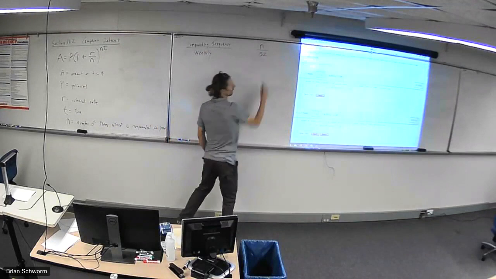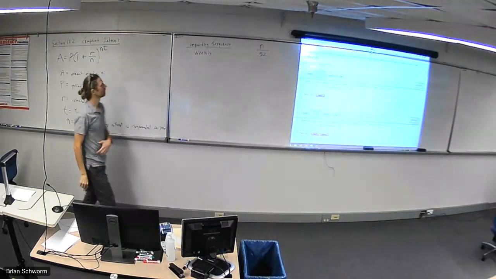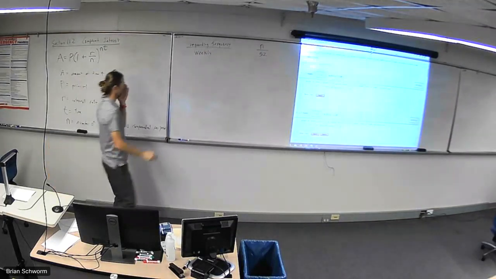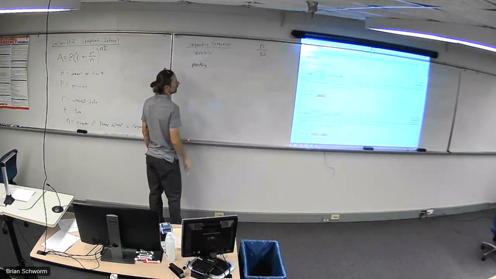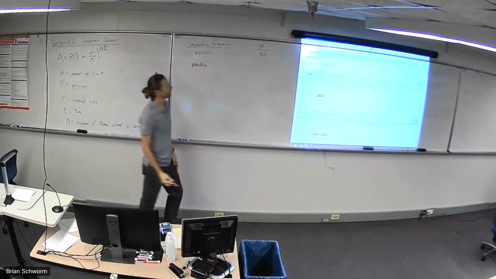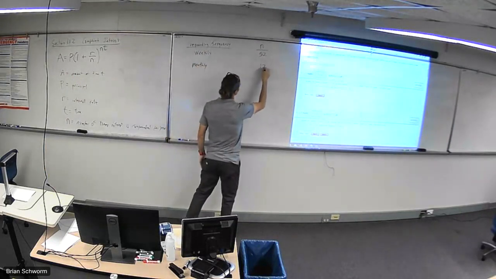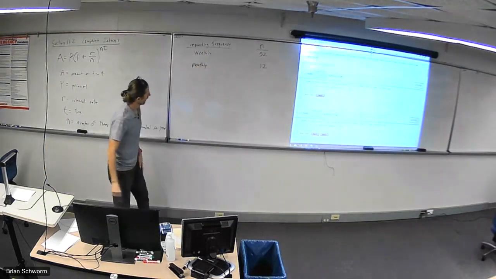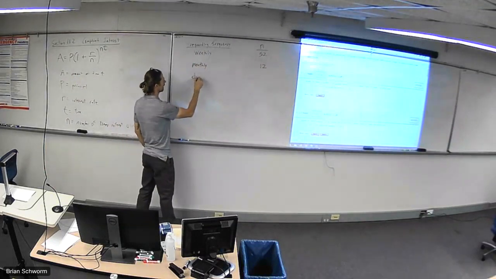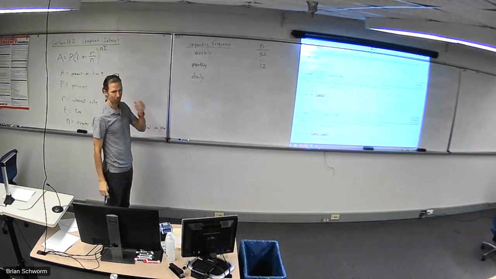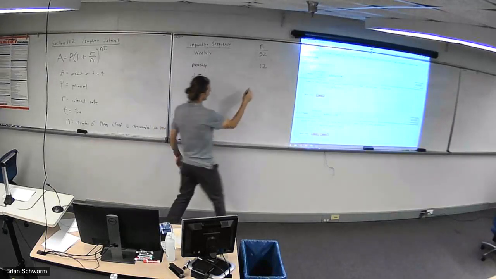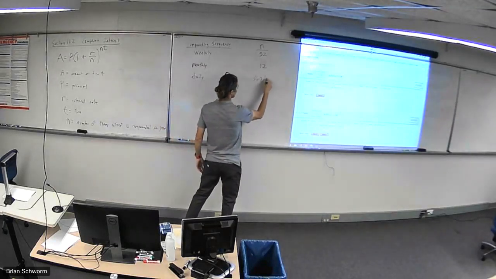Do it once a week, I'll do it 52 times in a year. Monthly, 12 times a year. Daily, well, here's where we get to that situation again, where sometimes 360, sometimes 365.